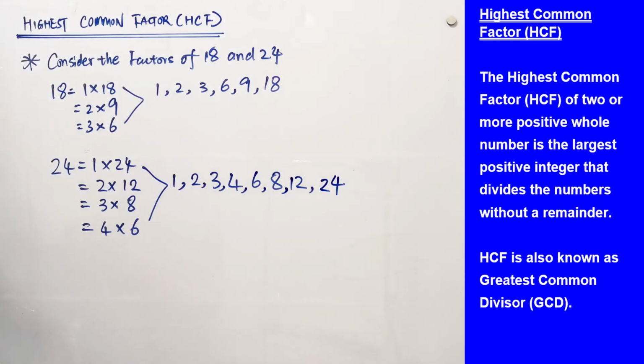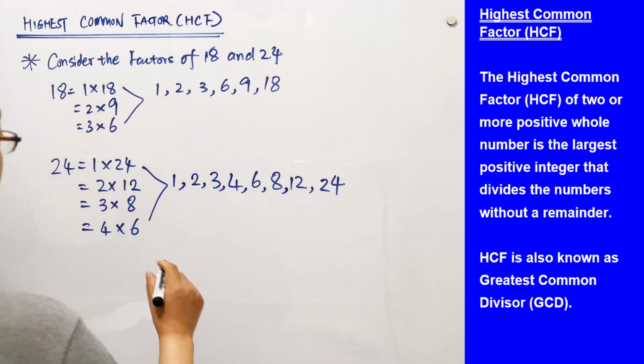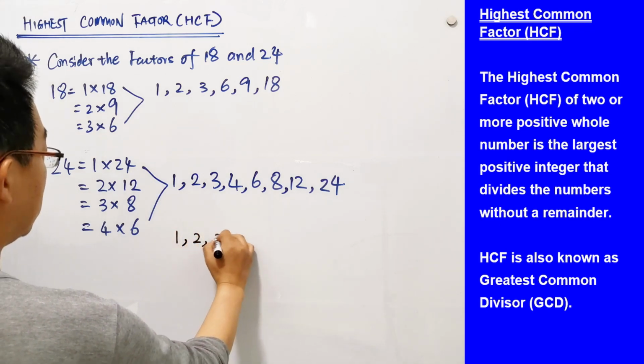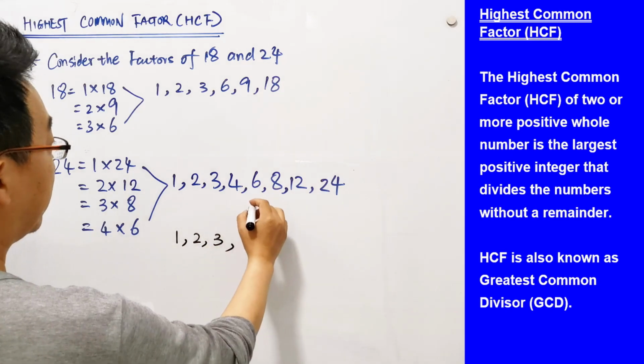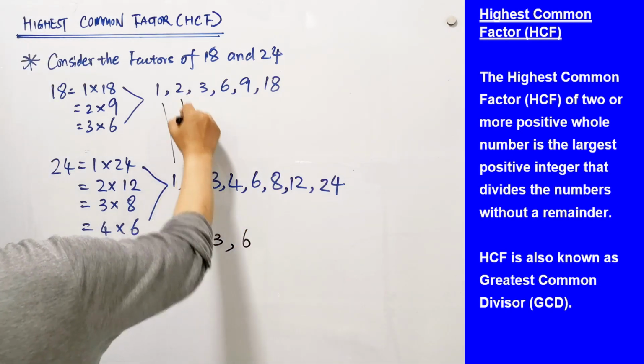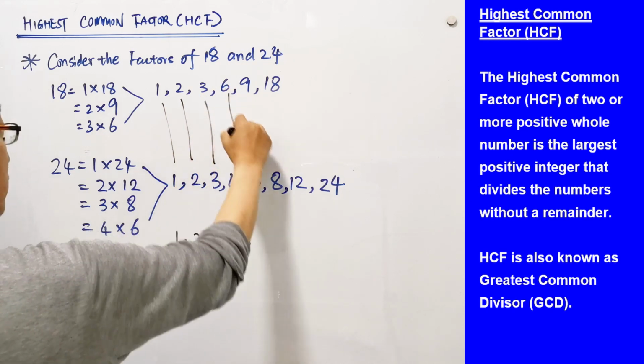Okay, so from here we can see something, right? We can see 1, 2, 3, and 6, right? 1, 2, 3, 6.